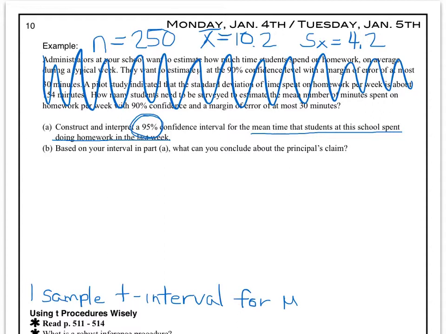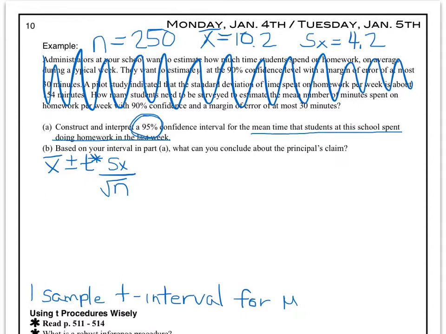Okay, the other option is that you can say we want to use the formula x bar plus or minus t star times the standard deviation of the sample over the square root of n to calculate the interval, provided these conditions are true.